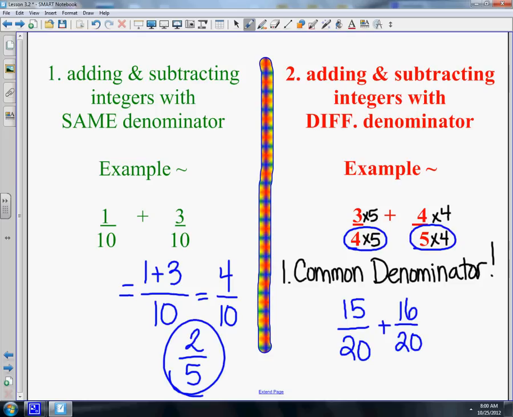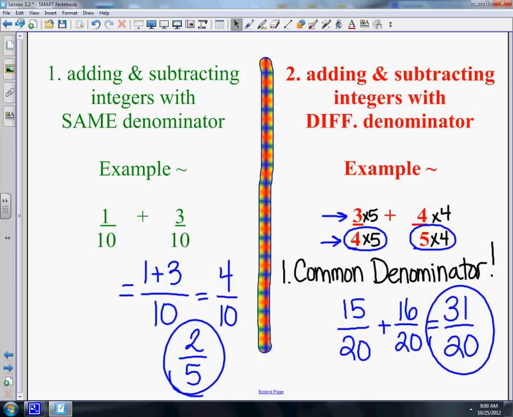I made them both 20. So whatever I do to the bottom, I have to do to the top. So if you want to multiply this by 5, you have to multiply the 3 by 5 also. So now I have 15 plus 16, which equals 31. I keep the denominator the same, and I get 31 over 20.